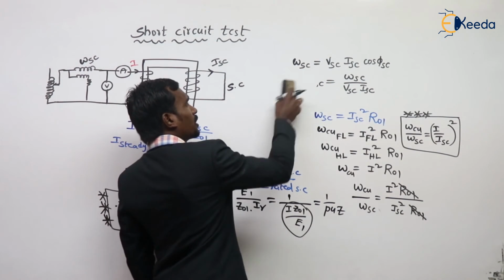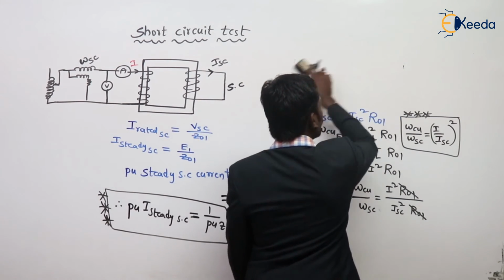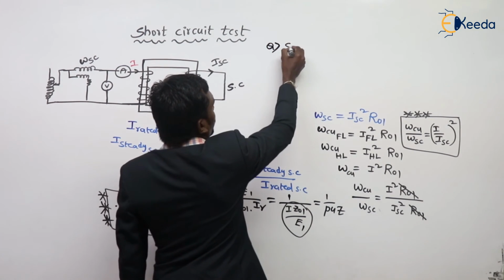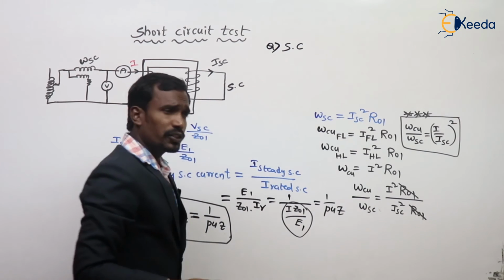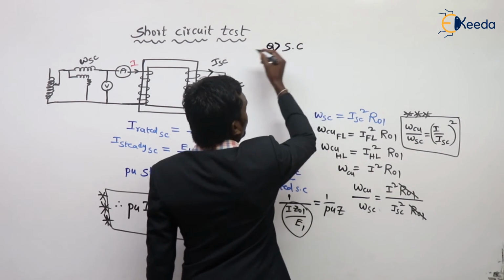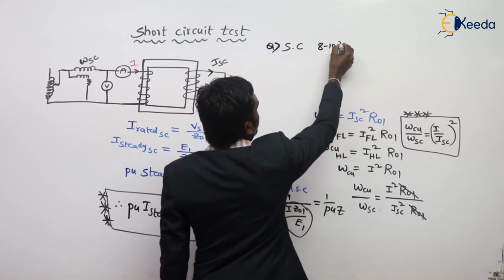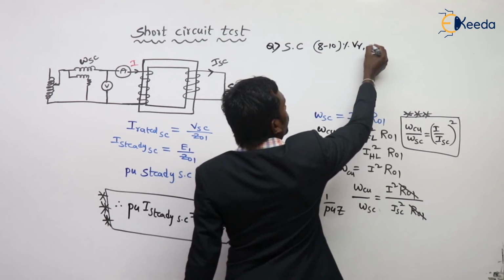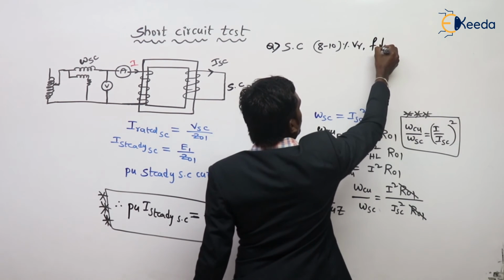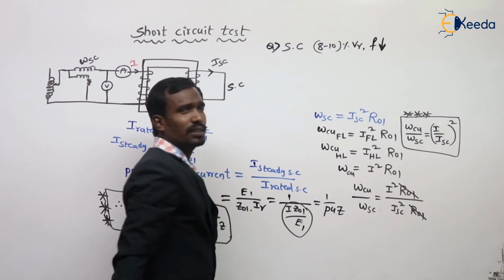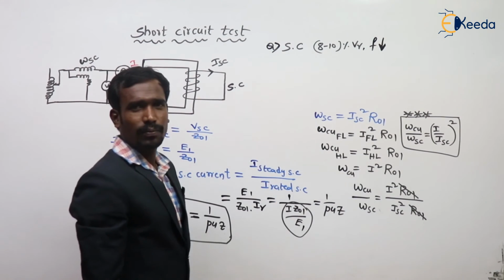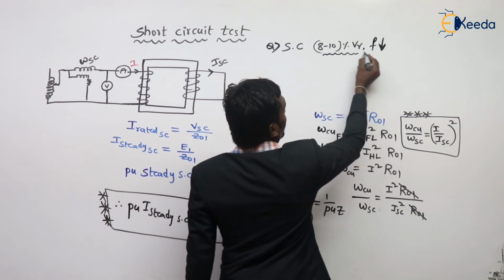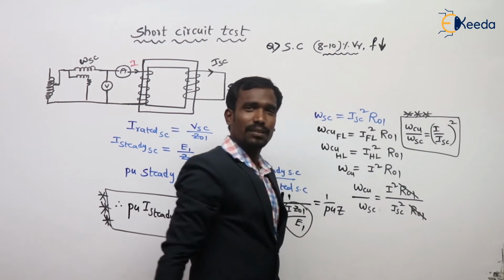Now, some special questions on the short circuit test. A short circuit test is conducted on a transformer with 8 to 10% of rated voltage and reduced frequency. This is case 1. And what is case 2? Case 2 is 8 to 10% of rated voltage and increased frequency.